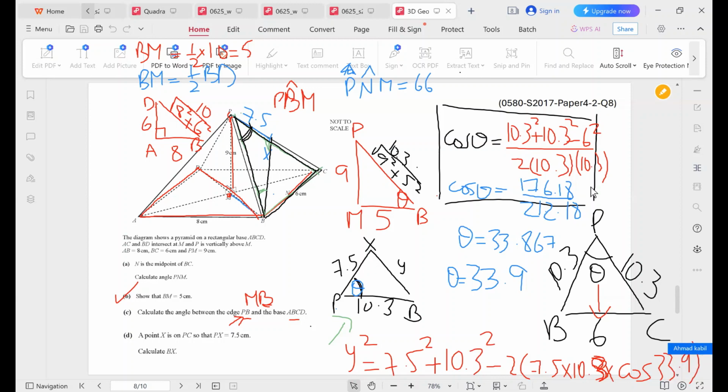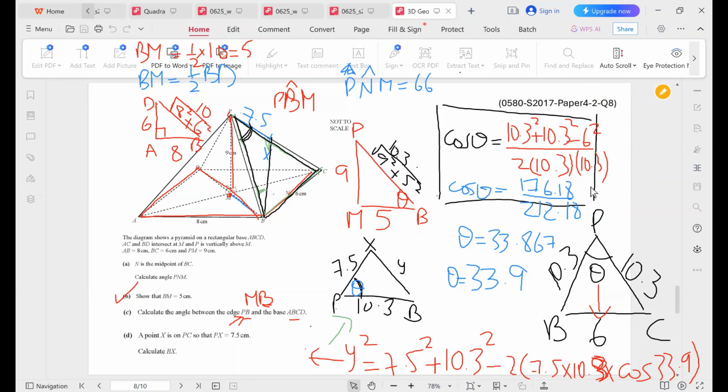So we can just figure this out on the calculator. So 7.5 squared plus 10.3 squared minus 2 open brackets, 7.5 times 10.3 times cosine 33.9, close brackets. And the answer is 34.103. So we just take the square root of that.